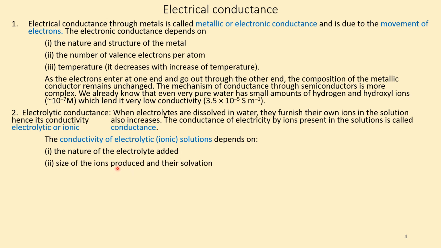Number two, the size of ions produced and their solvation. So, in the case of electrolytic conductance, ions are produced and the size of these ions is responsible for conductivity of electrolytic ion solution. Number three, the nature of the solvent and its viscosity. So, conductivity of electrolytic solution depends on the nature of the solvent and its viscosity.